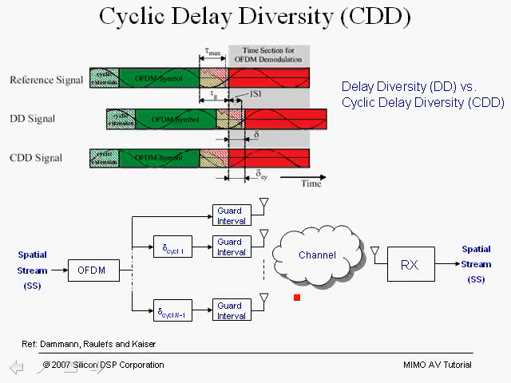Now, as we'll point out, in 11n, CDD is used during the processing of the legacy preamble, but is not used when we send the data portion of the packet using MIMO, after, of course, training for the H matrix and performing the MIMO equalizer on the data part of the packet. In that case, we do not use CDD. CDD is used in the legacy preamble.